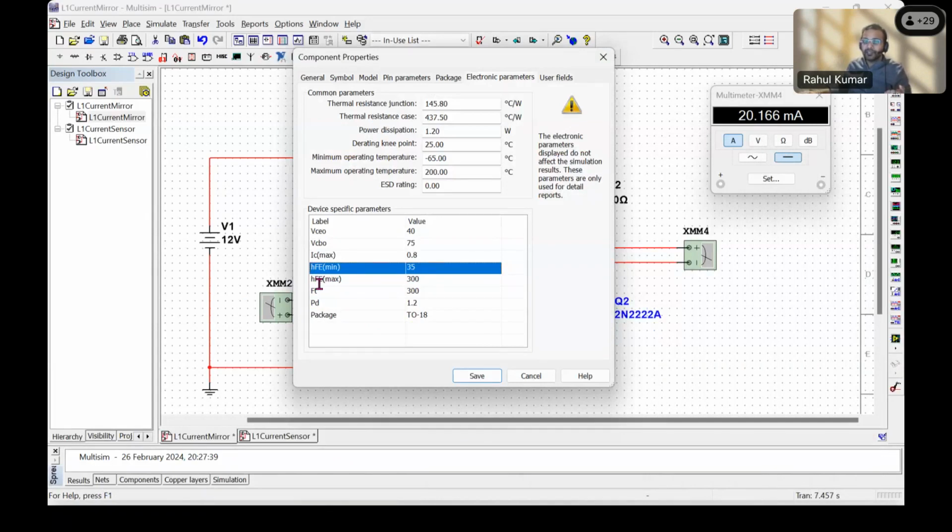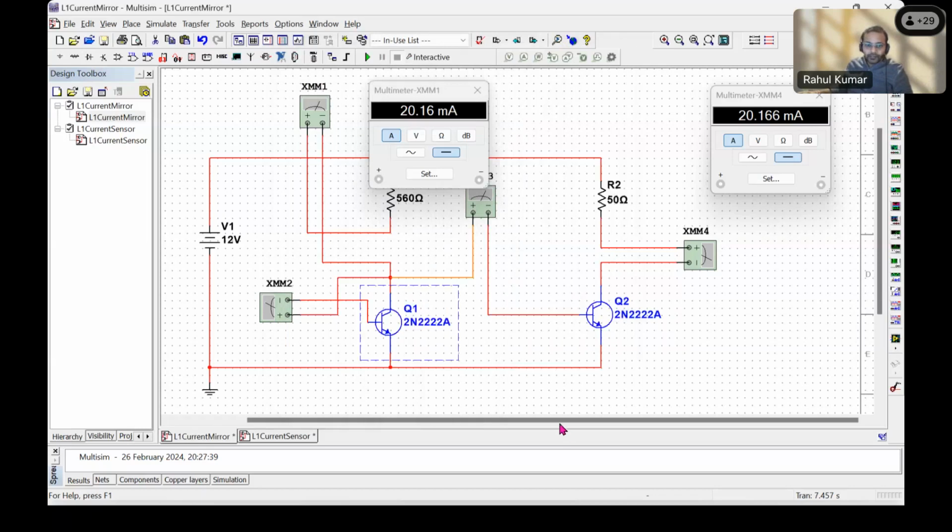Capital FE is for DC and small fe is for AC. Okay, so it's again 35, and the maximum value is 300. Very similar to the data sheet. Okay. Now let's have a look at the input and the output currents.